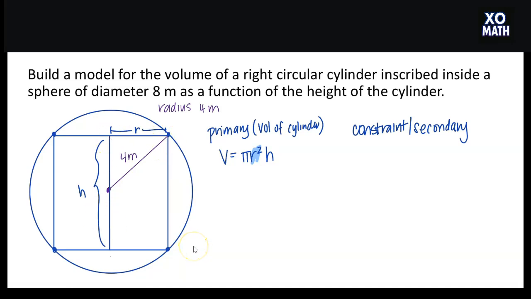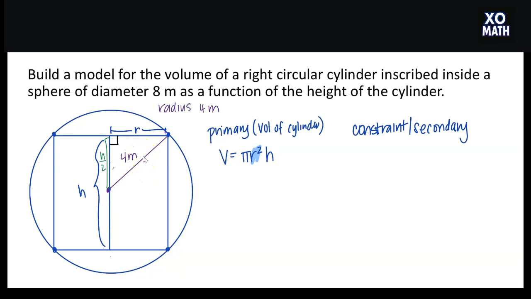Well, I hope you're starting to see this right triangle that we're going to focus on. So I'm going to focus on this right triangle here with a base of r and then a height of h over 2. So if I just focus on this little triangle, then this distance here is h over 2. And so we have this Pythagorean theorem forming because I can see that the two sides involve r and h, and then the hypotenuse involves that length of 4 meters.